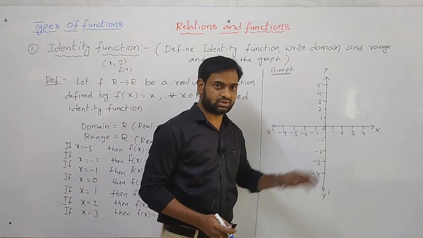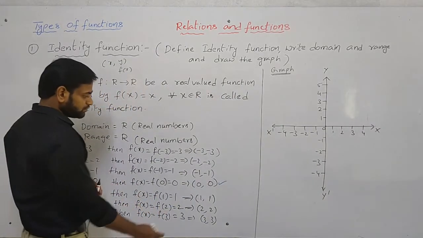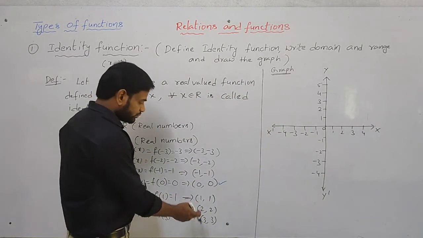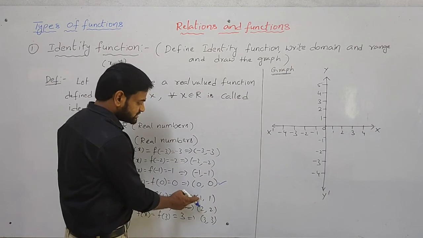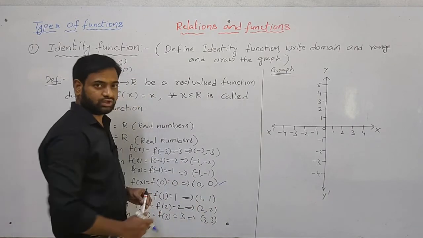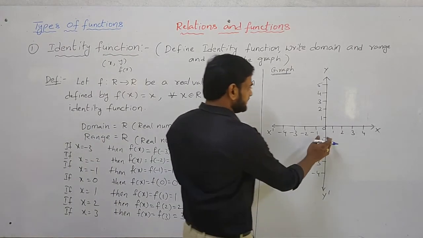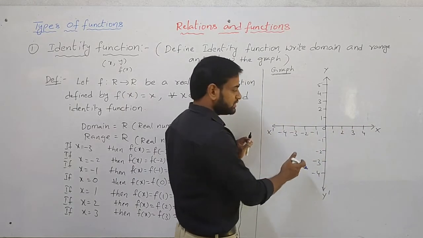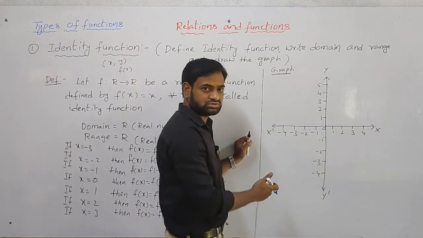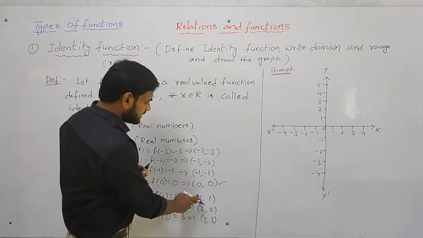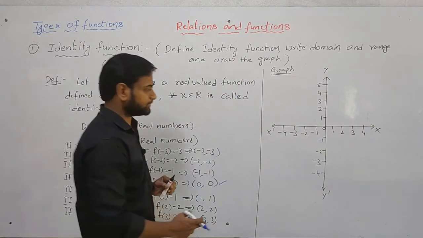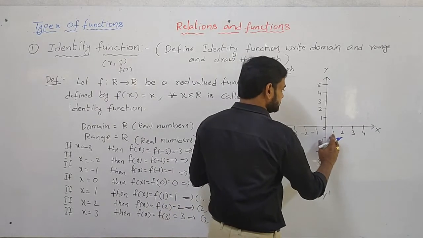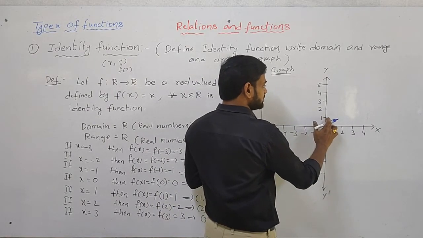Next, come to the positive side. 1, 1. X value 1, y value also 1. So here it is the x-axis. On the x-axis we have x values, and on the y-axis we have y values. So here x value 1, y value also 1.